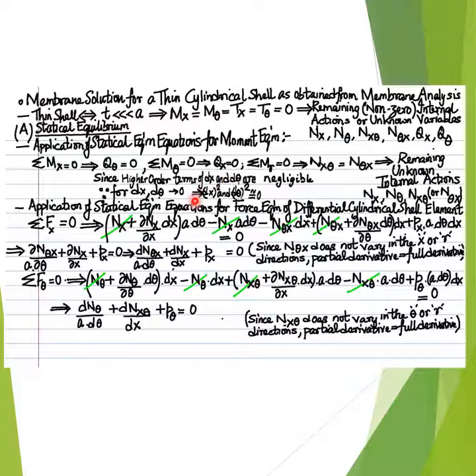And all higher terms of dx and d theta, including dx square and d theta square, are almost equal to 0.